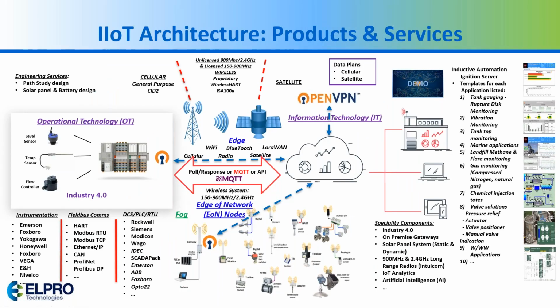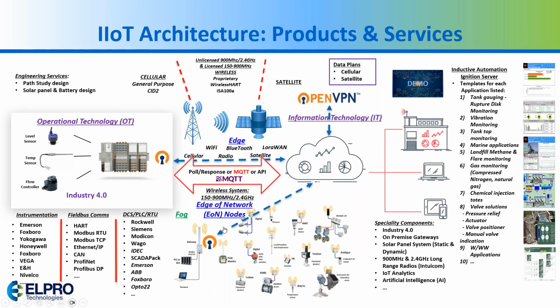So as a review, the IIoT architecture has different sections. You have the OT, the operation technology section, where you have PLCs, sensors, communications, and a lot of people are wanting that to push up to the cloud, which is the IT section, information technology.